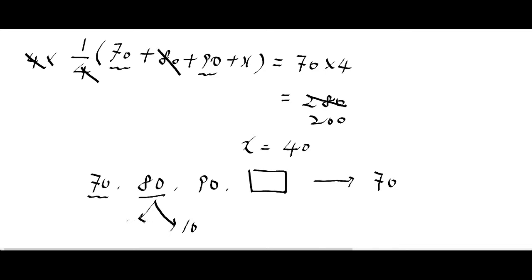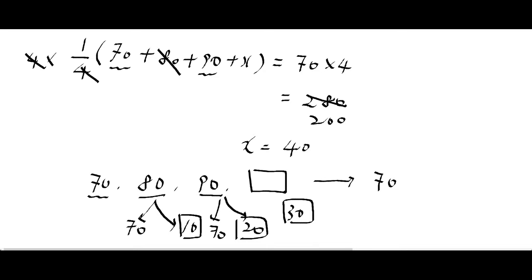This one is just 70. How about the 90? This one you can keep 70, but the 20 is left, right? So you got what? 10 and 20. So you can use this 30 for the fourth test. To make it 70, you need what? Just only 40. So all of them are just 70. This is a simple idea. You understand?